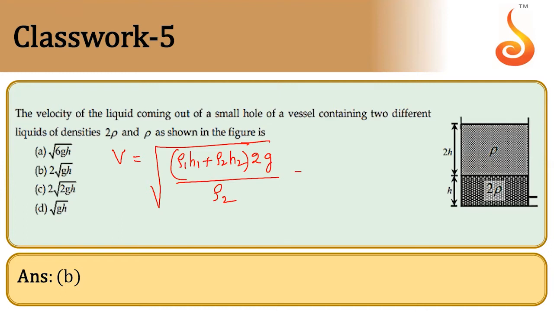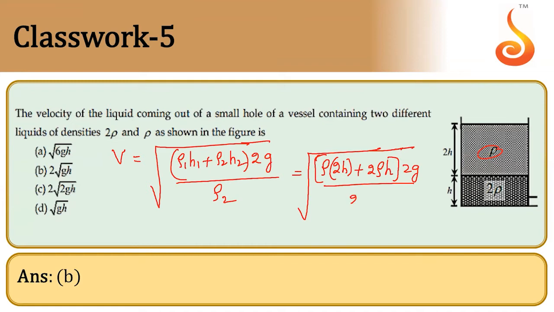Okay, so rho 1 is rho, H1 is 2H, plus rho 2 is 2 rho, H2 is H. So both terms give 2 rho h, into 2g, divided by rho 2.